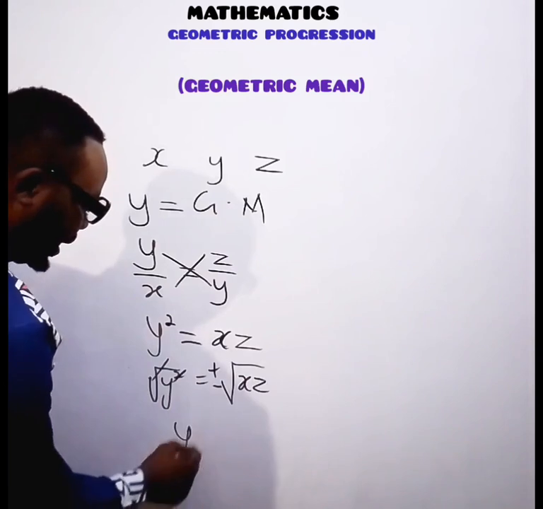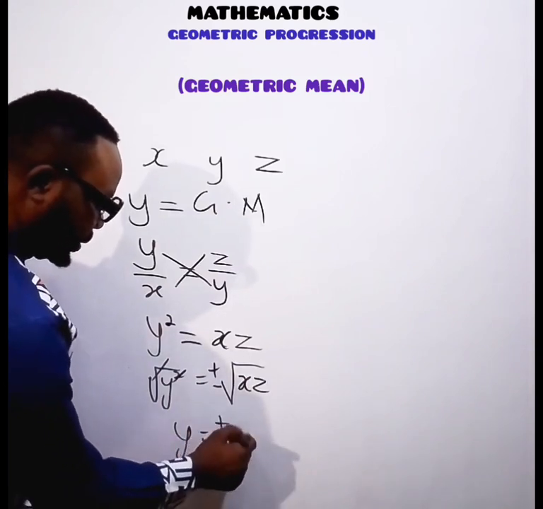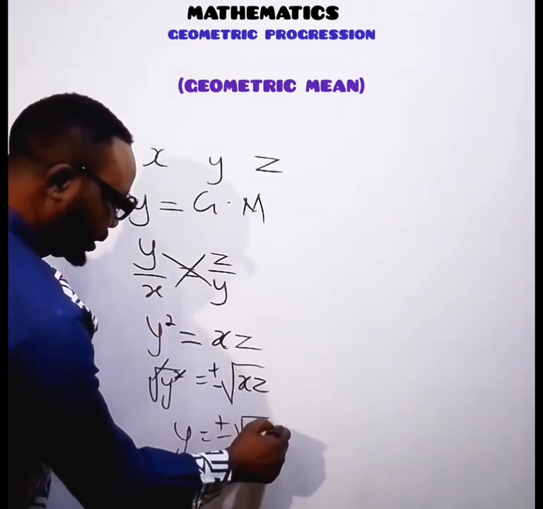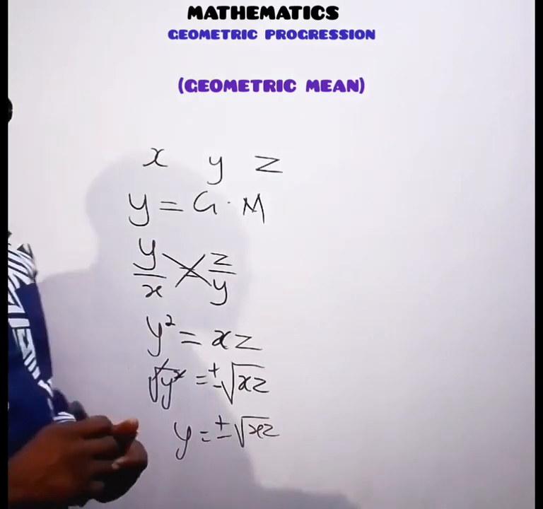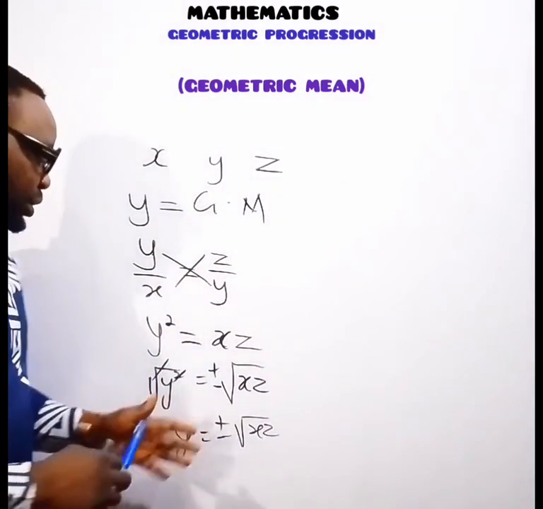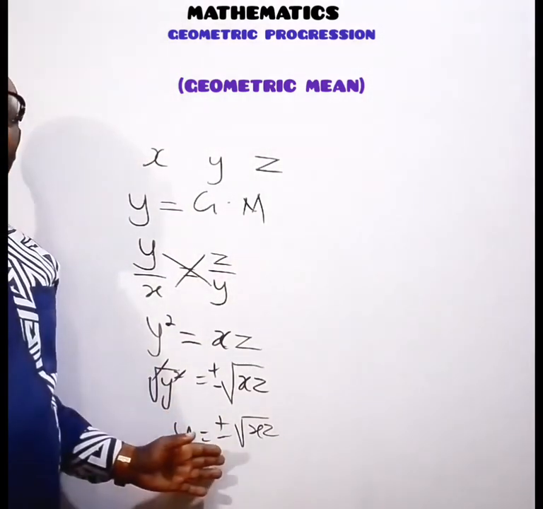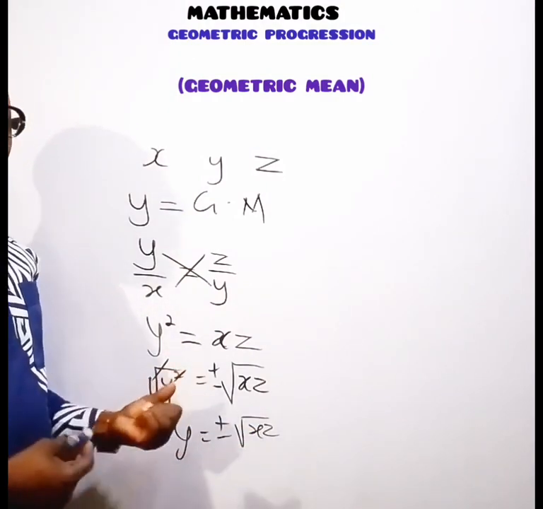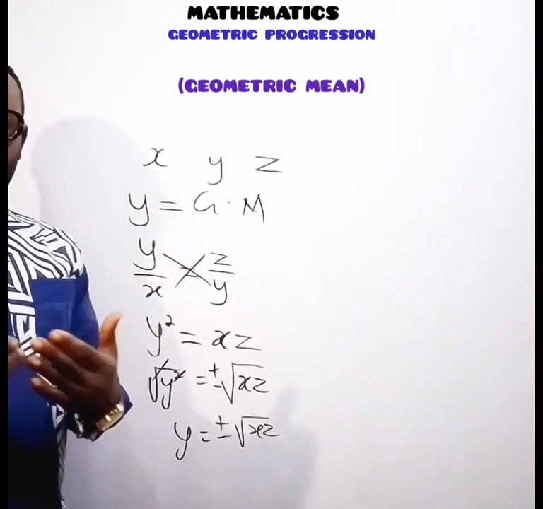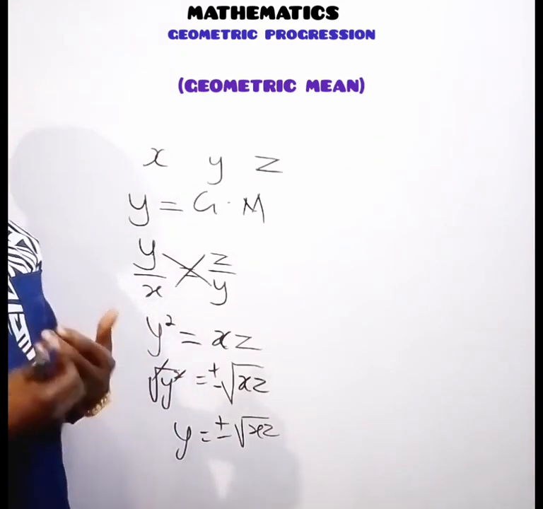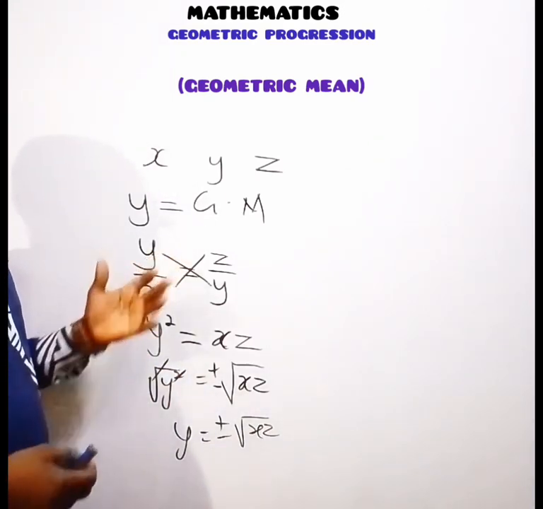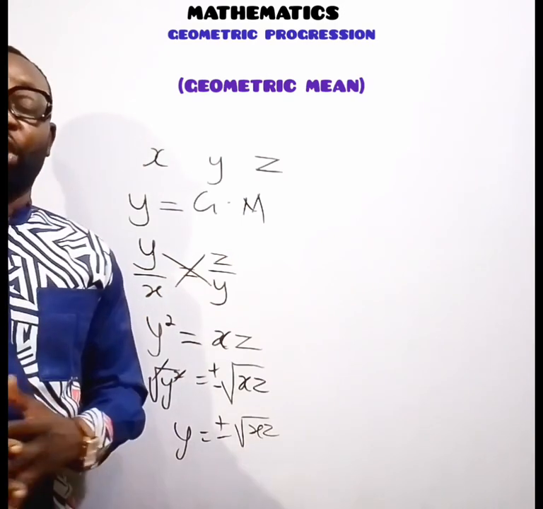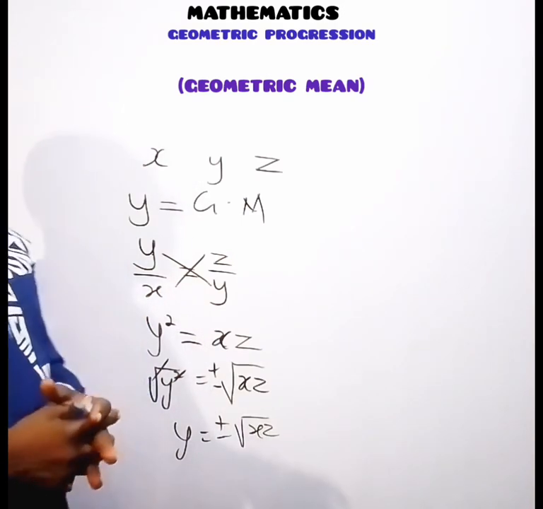We have y is equal to plus or minus root of xz. But what we always make use of here, when we have positive and negative, is the positive value, because there is no n-th term that is negative. So we always take note of making use of the positive value.